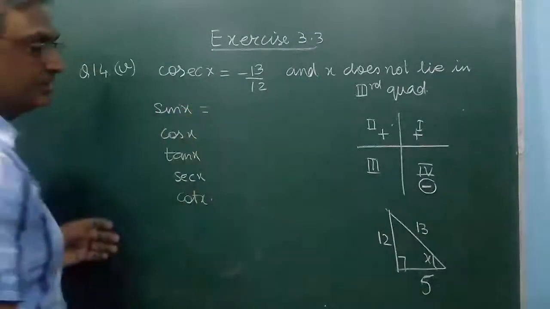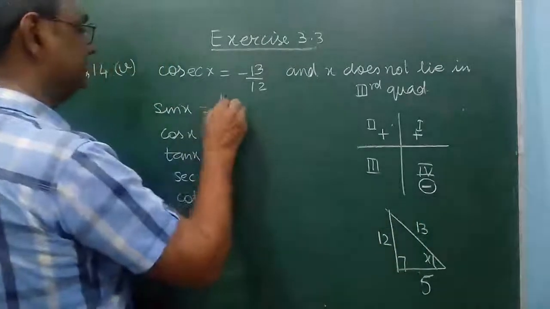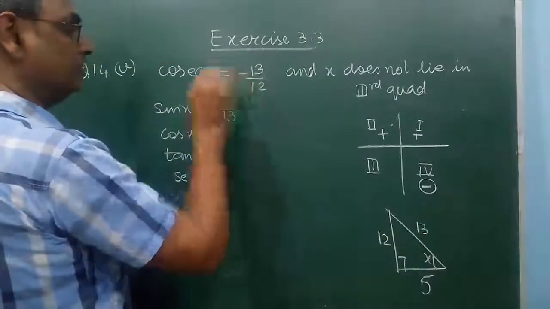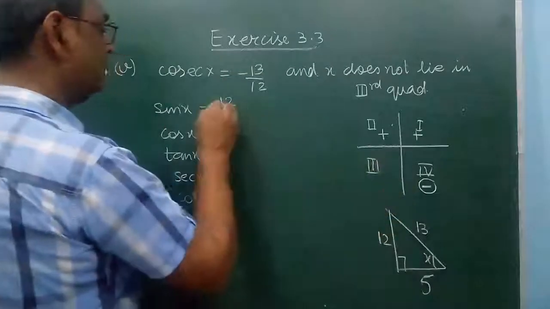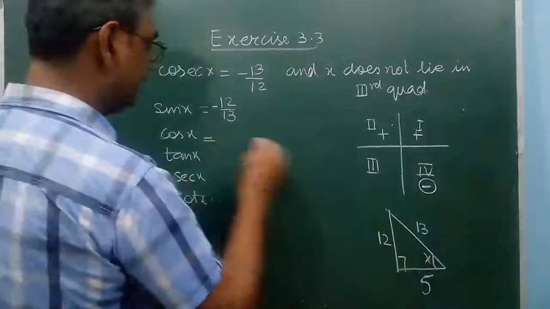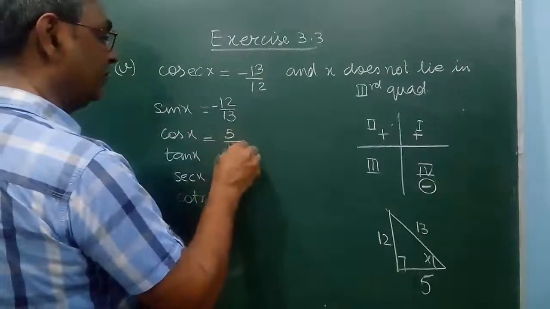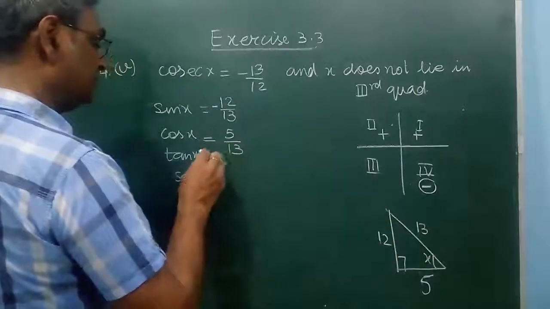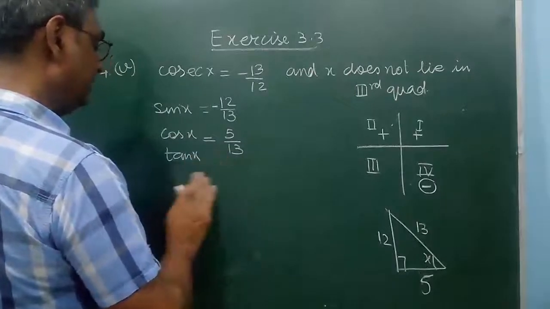Sin x is 12 by 13, the reciprocal of cosec. It is in the fourth quadrant, so minus sign. Cos x is 5 by 13, and in the fourth quadrant cos is positive.